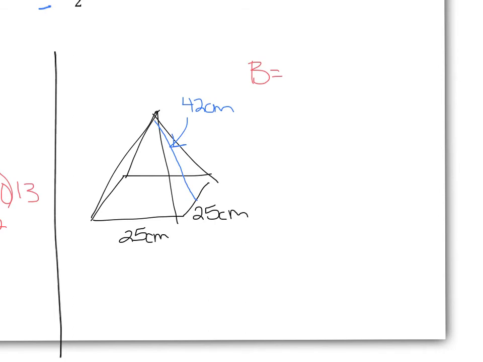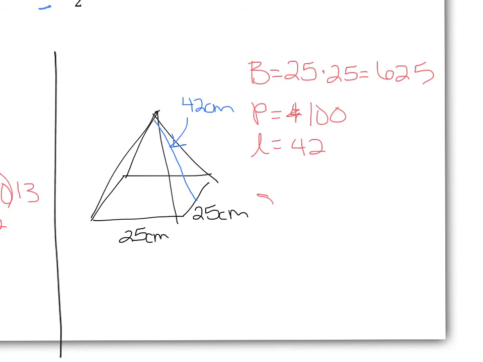So my base is a 25 by 25 square, so we're going to take 25 times 25, and we get 625. The perimeter of my base, if we take 25 plus 25 plus 25 plus 25, we get 100. And my slant height, which they give me, is 42.